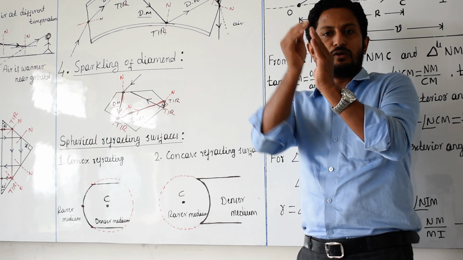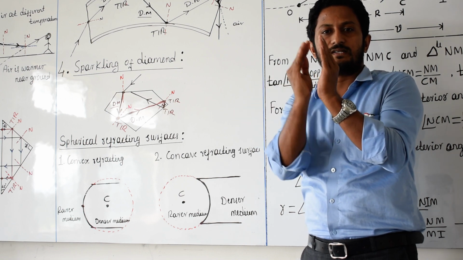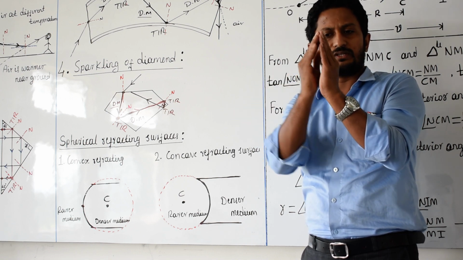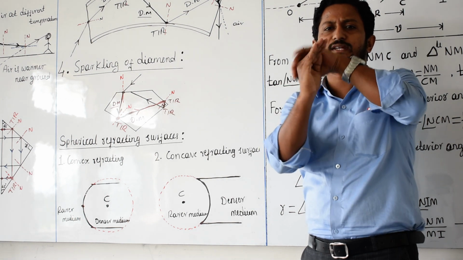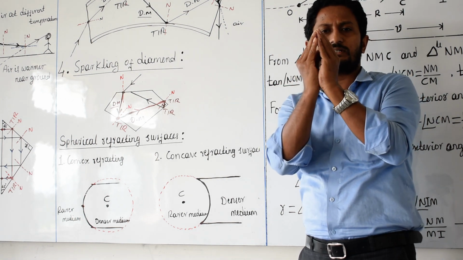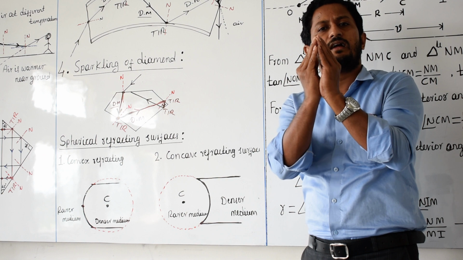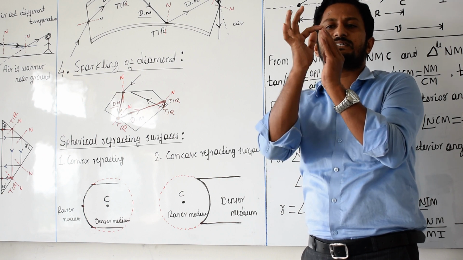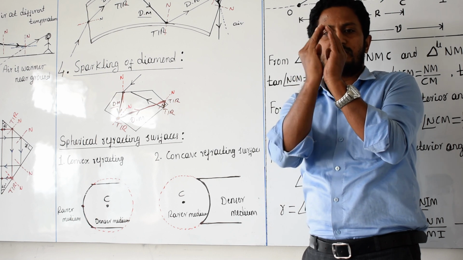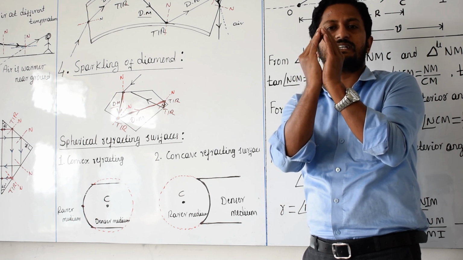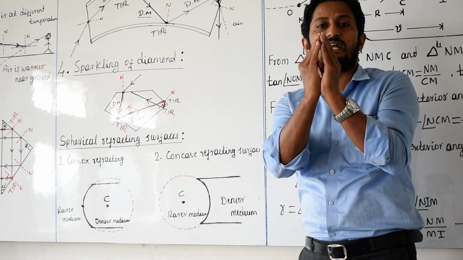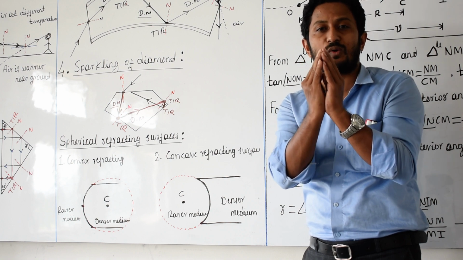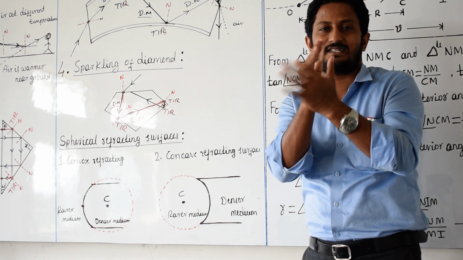Here in this one, both surfaces are spherical. Both are thick at the middle than the edges. Thin at the edge, thick at the middle. This kind of arrangement is called convex.